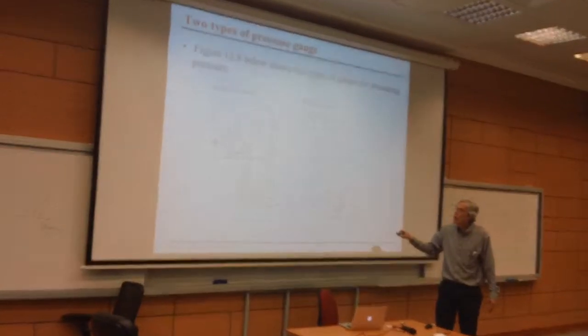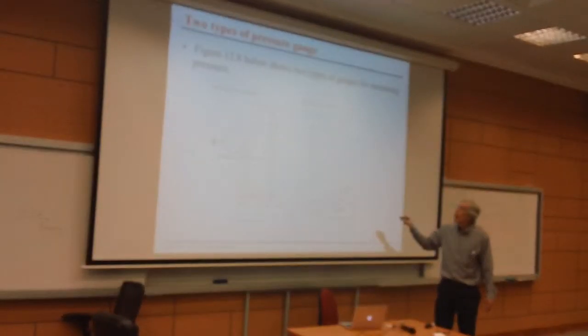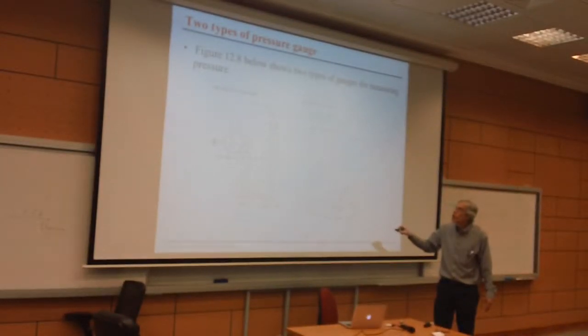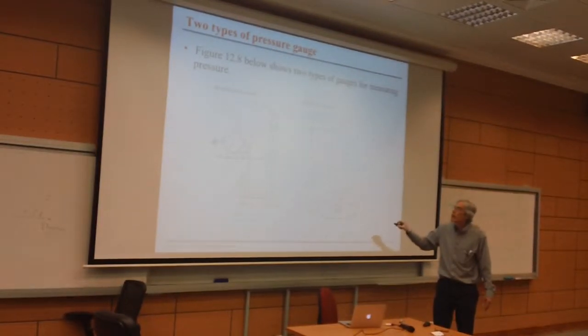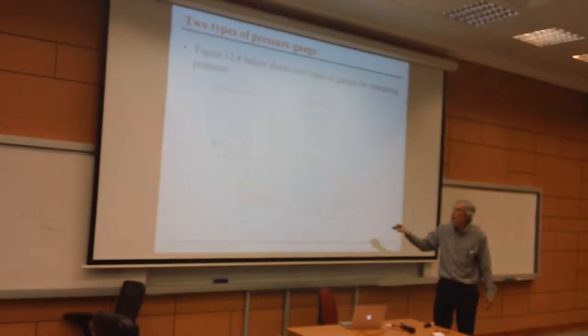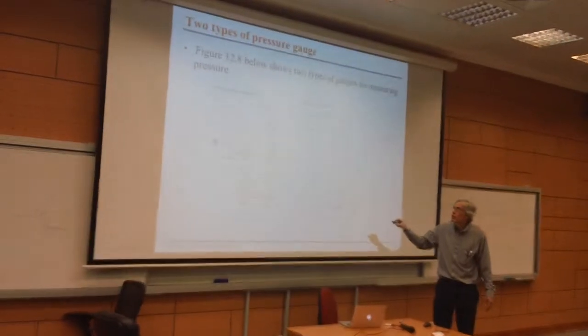Now we know that the pressure down here has to be constant because it's at the same depth. On the other hand, the pressure here has to be equal to the atmospheric pressure plus the weight of the fluid that's above it. And the pressure here at this point, which is equal to the pressure at that point, must be equal to the pressure up here at the top of the liquid plus the weight of the liquid above.